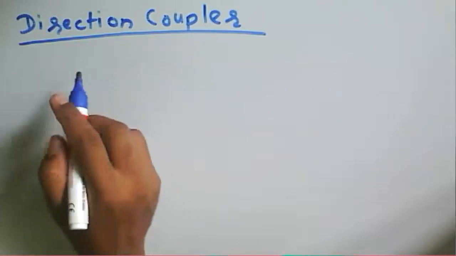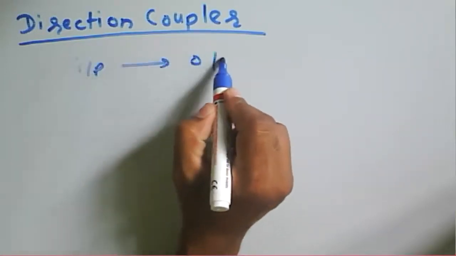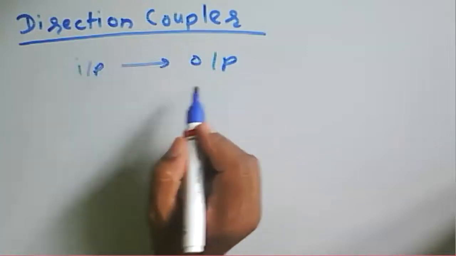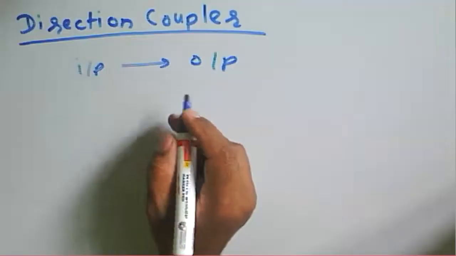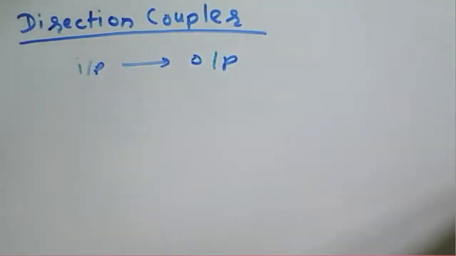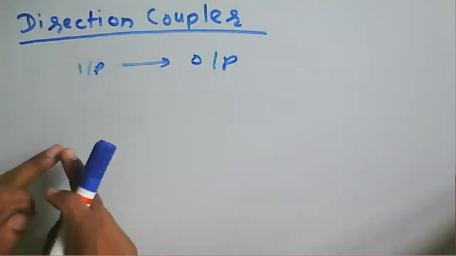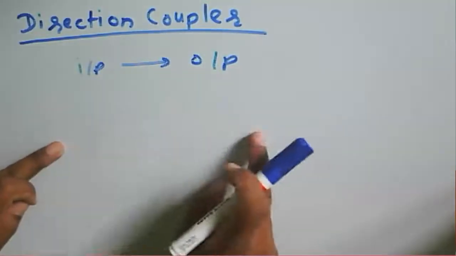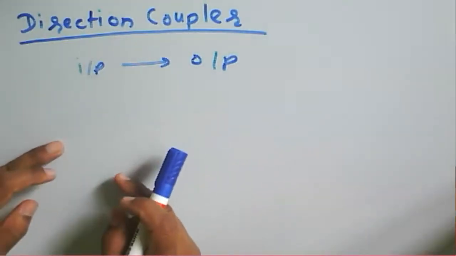That means the power from input to output has a specific direction. Suppose we have a 4 port device and we apply the input to one of the ports. Then, according to the direction of the guide, power will be available there.